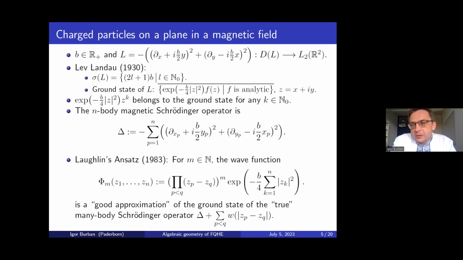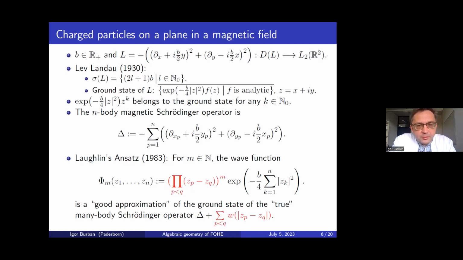then it's actually mathematically not so clear what to do. And there are only a few cases when we can give an explicit formula for eigenstates, for the ground states. So mathematically, it's challenging. But Laughlin made the following suggestion. He said, well, there are interactions.